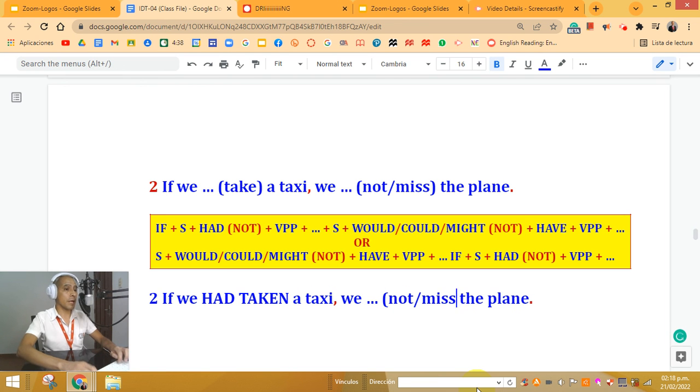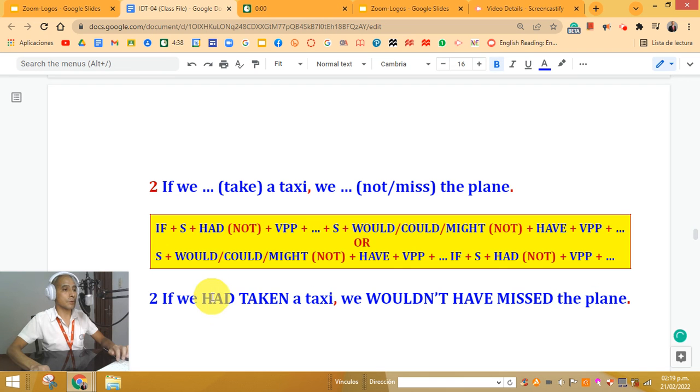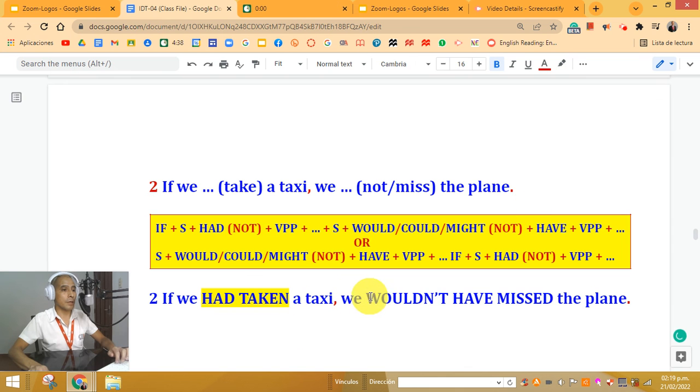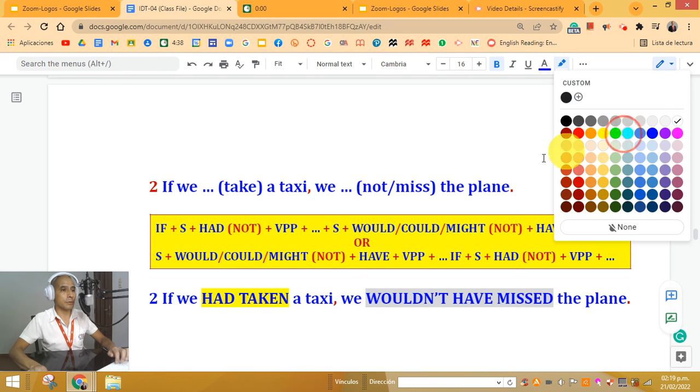Okay, here I have negative form. So according to instructions, I have to use would, wouldn't have missed the plane. So in this case, I have had taken, had plus the verb in the past participle, and wouldn't have missed the plane, the result clause.